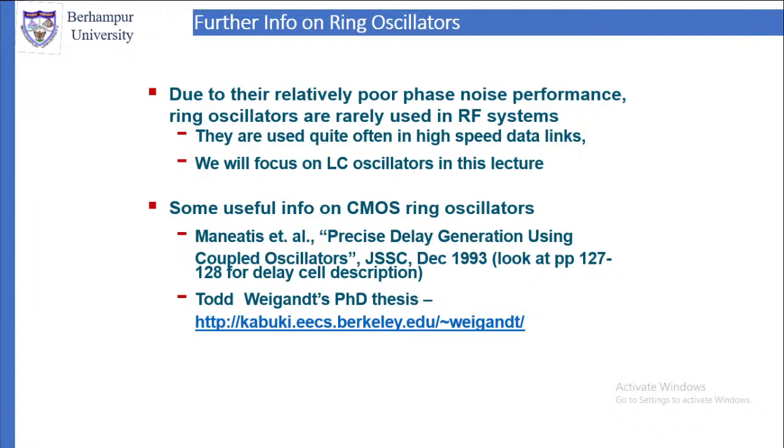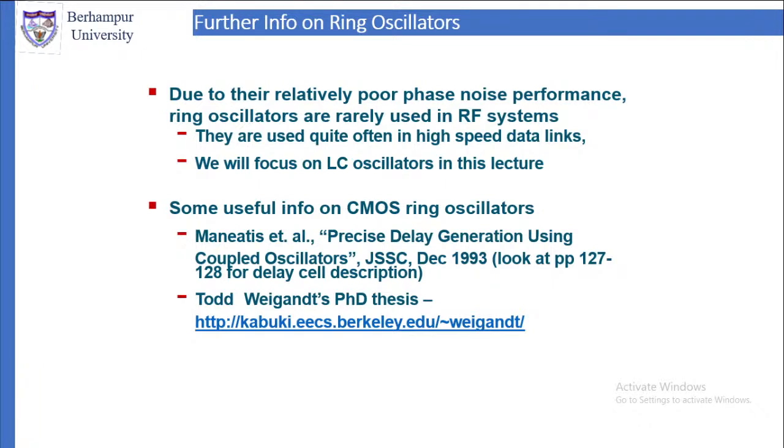So there is some other information on this ring oscillator. One of its characteristics is poor phase noise performance. Because of this, ring oscillators are very rarely used in RF systems.